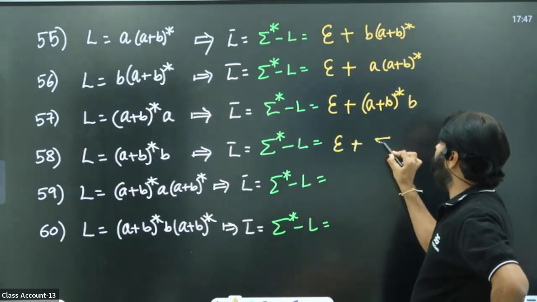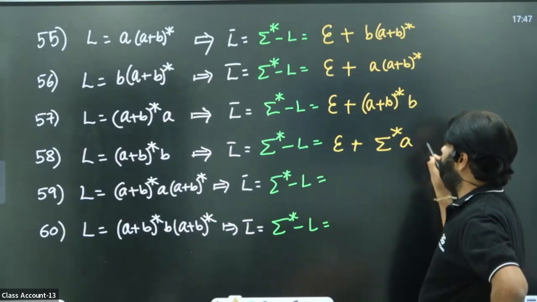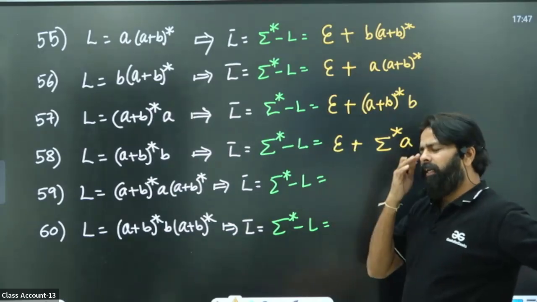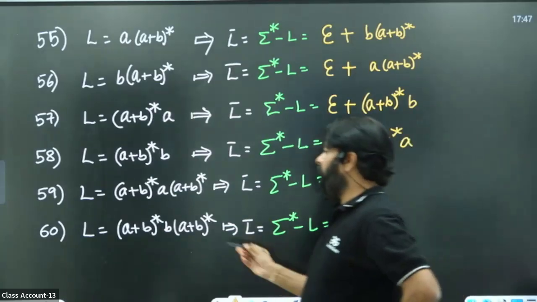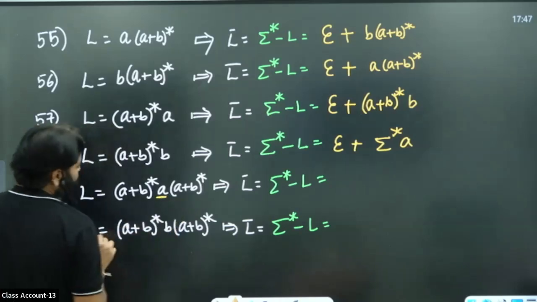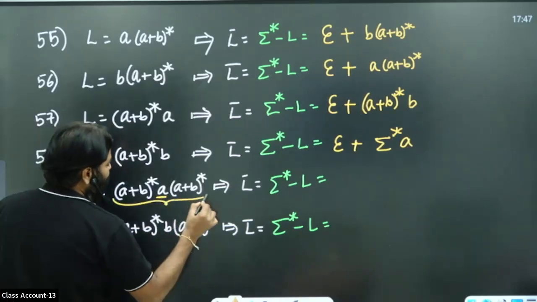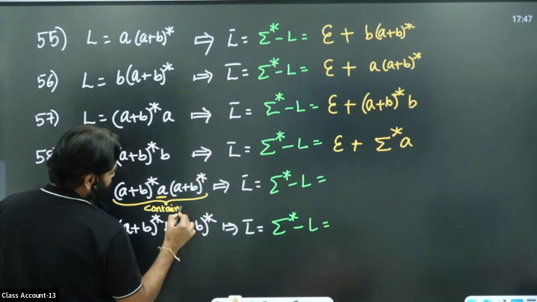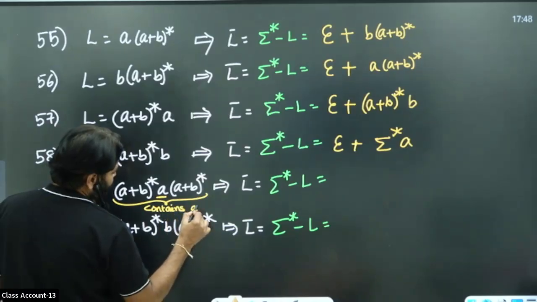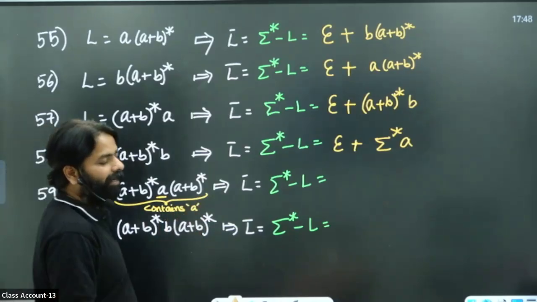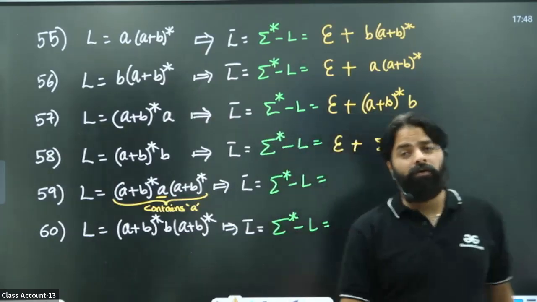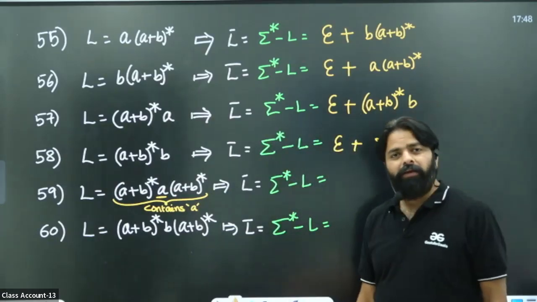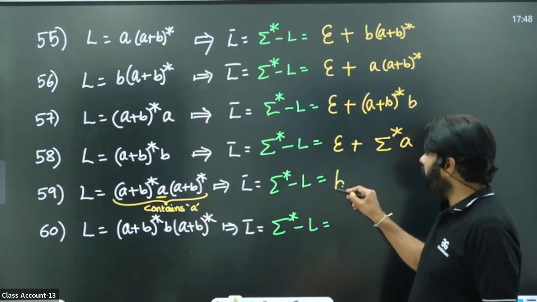You can write the short form: sigma star followed by A. Here, containing A. A must be in every string. This represents contains A. If the string contains A in L, then in L complement, the string will not contain A. When you don't have A, you have only one type of string in the world, that is B star.